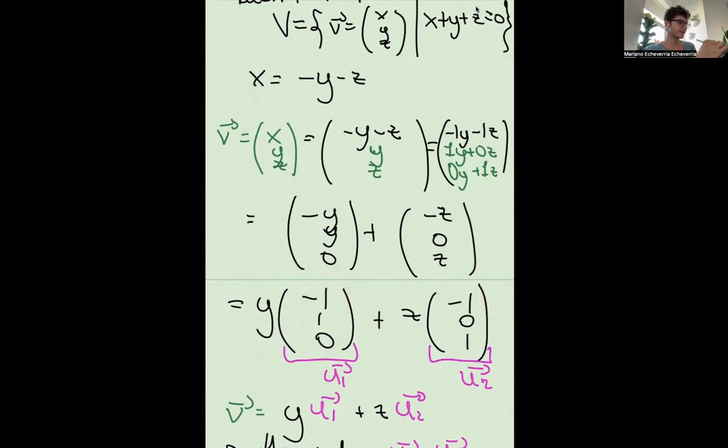Is that making sense? So y is multiplied by -1, 1, 0, because there's no y here, and z is multiplied by -1, 0, 1. Does that answer your question?